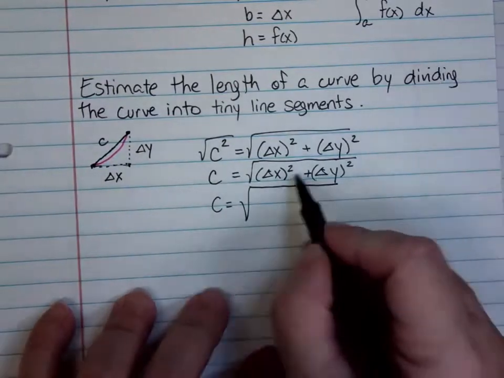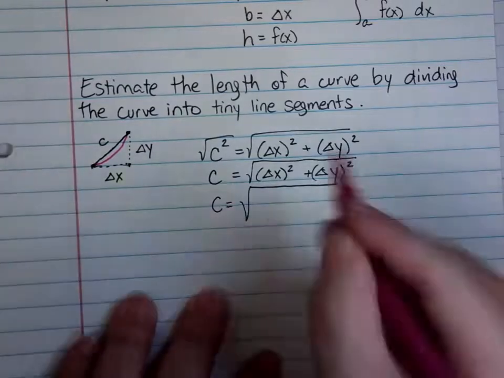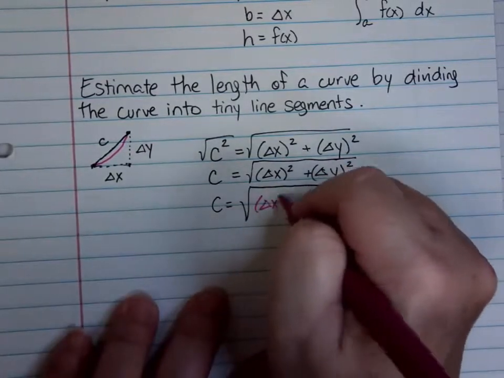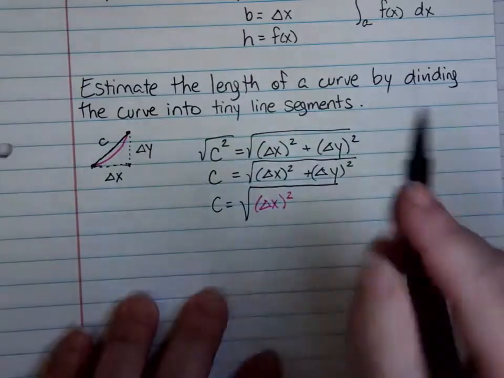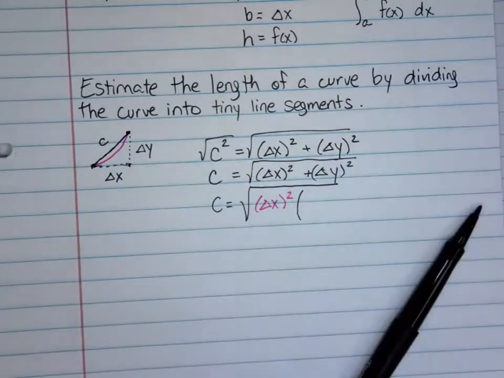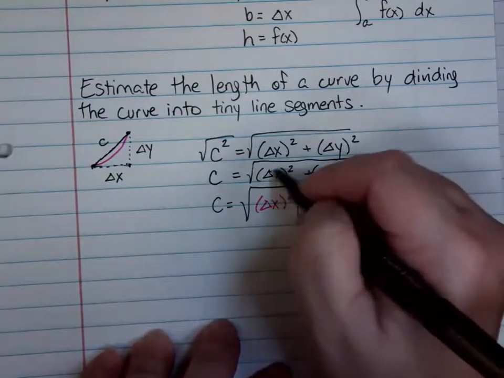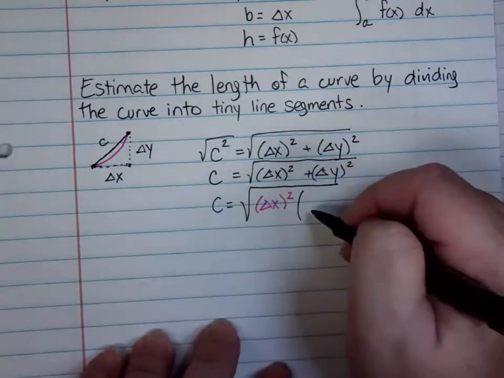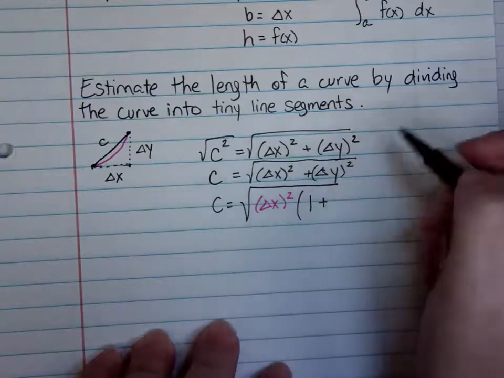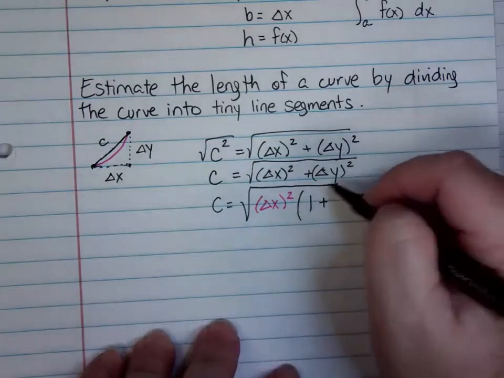I am going to take this thing and factor out delta x squared. Now you may be thinking to yourself, how can you do that? You don't have a delta x squared in both terms. Sometimes you can factor stuff out even if it doesn't appear in every term, if it helps you do what you need to do. Okay, so let's think for a minute. If I factor delta x squared out of this, what am I going to get? 1 plus, does anybody have an idea of what this is going to be?